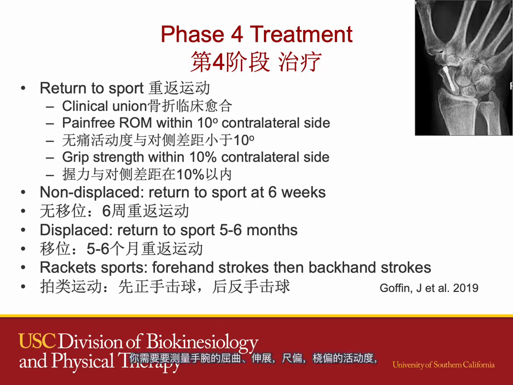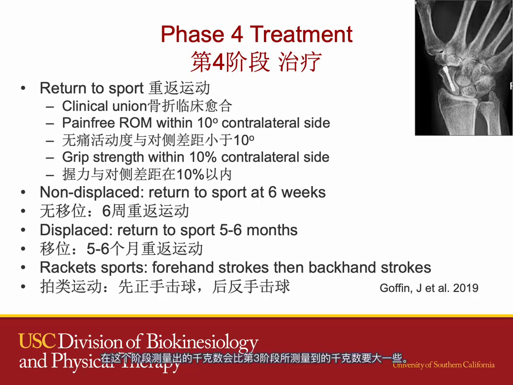So range of motion, you're measuring wrist flexion, extension, ulnar deviation, radial deviation. You're testing supination and pronation, and you're testing thumb range of motion. All of those should be pain-free within 10 degrees of the other side. Your grip strength should also be within 10% of the other side.